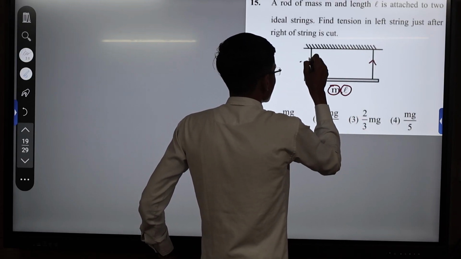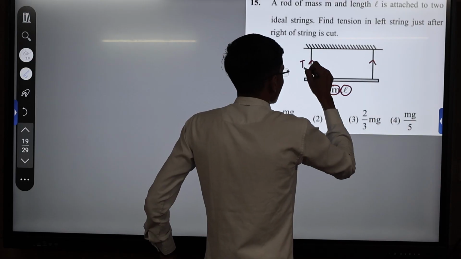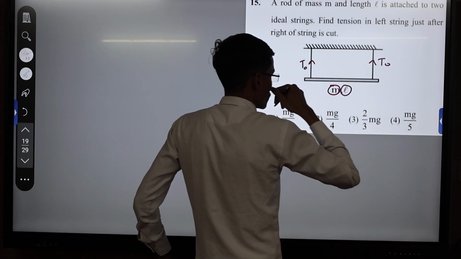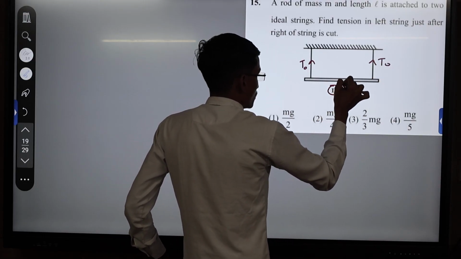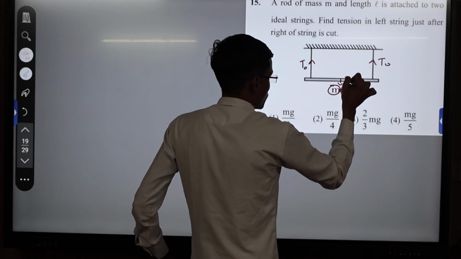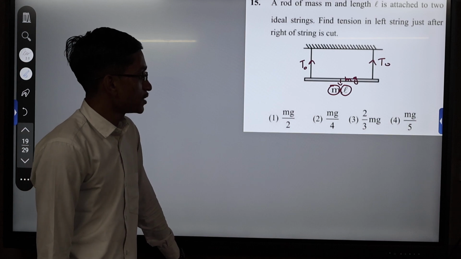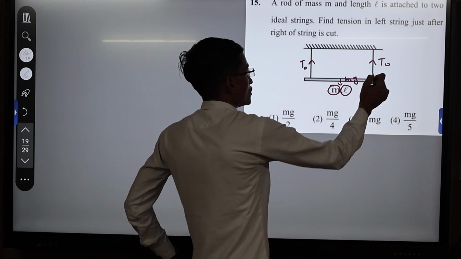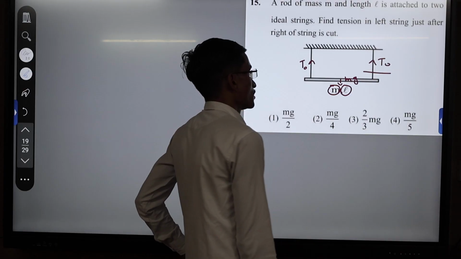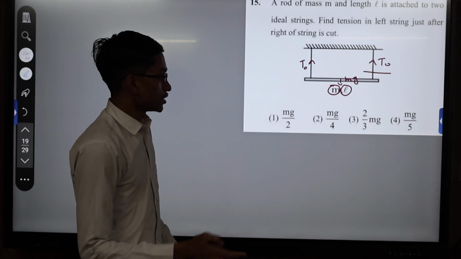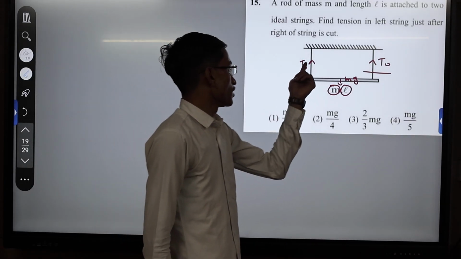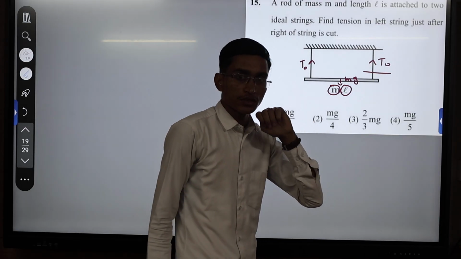Let us say this is tension T naught and this is tension T naught. Mg will be acting downward. After this, we cut this string, and just after cutting the string, we have to calculate the new tension in this string.